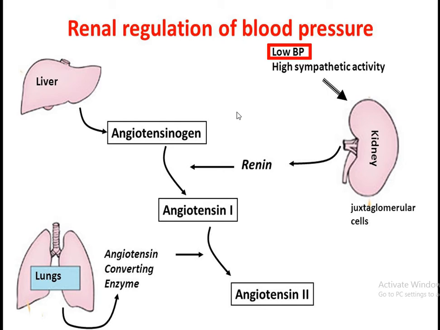I will show you further detail of this mechanism, how the sympathetic activity is involved and all this, but this is a very simple sketch to show the involvement of the liver and lungs also.